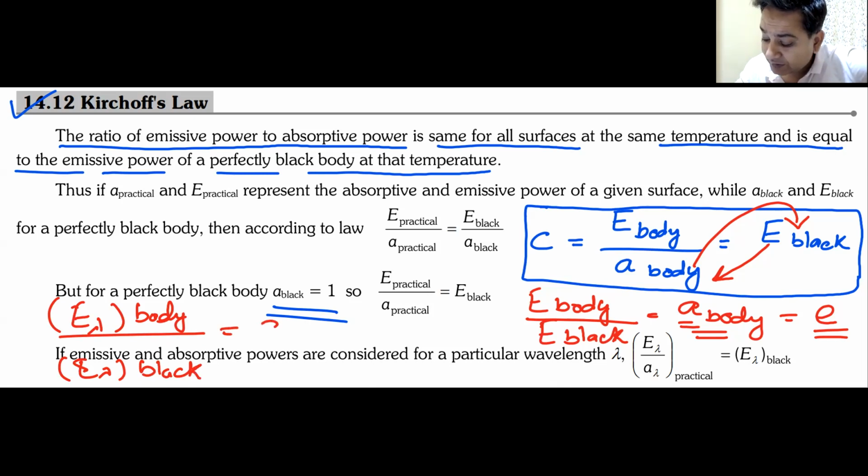We will get the spectral absorptive power of the given body. Do we understand this? Yes, sir. So this is how you can find the spectral absorptive power of the body. This is how you can find the total absorptive power of the body.